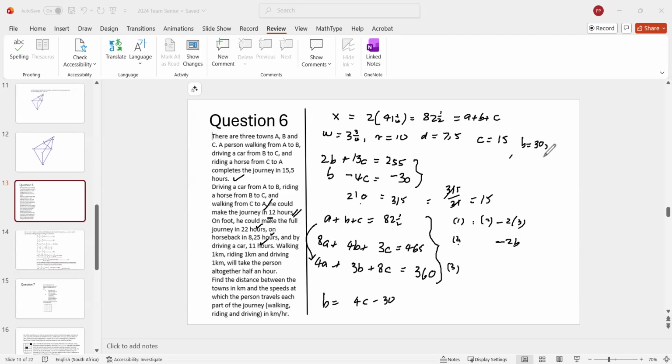So 45 plus A is 82 and a half. So A is 82 and a half minus 45, which is 37 and a half. So they ask, find the distance between the towns in kilometers. So those are the A, B, and C, which you got. And the speeds at which the person travels. Right? And we got all the three speeds.